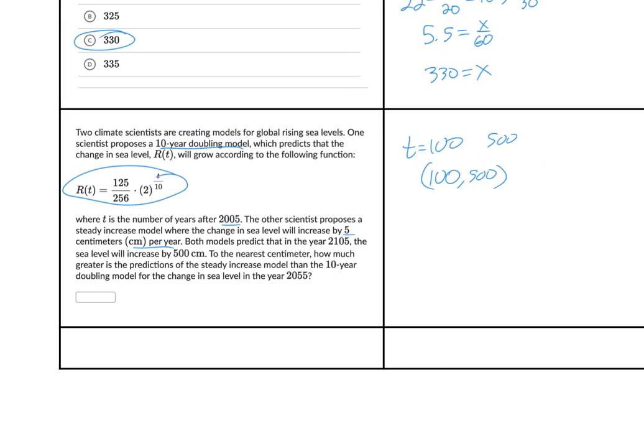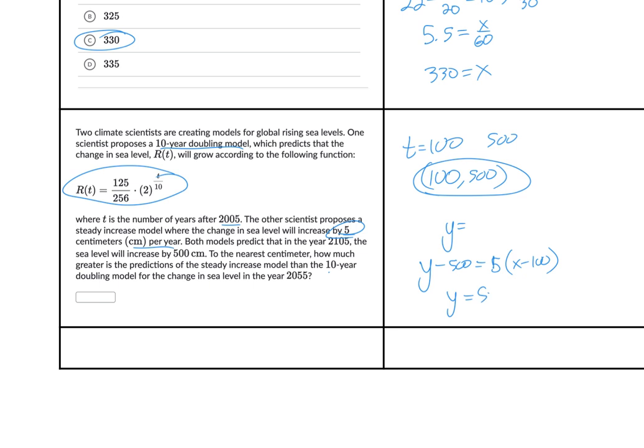So now what we're going to do, we know that this linear model goes through this point and has a slope of 5 centimeters. So we need to find our starting point, y. Let's do y minus y1 equals slope 5 times x minus x1.